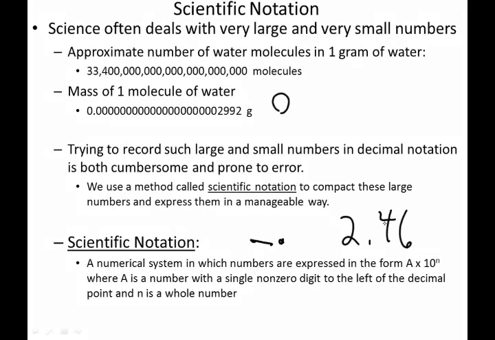But numbers like 0.13 are not going to be numbers you see in scientific notation, nor are you going to see things like 143 times 10 to the something. That's not scientific notation either. It's only one non-zero digit to the left of the decimal point, and then times 10 to some power, some whole number. It could be positive or negative, but it's going to be a whole number.